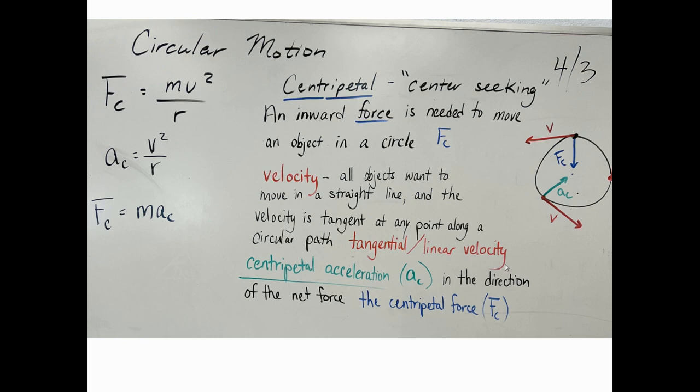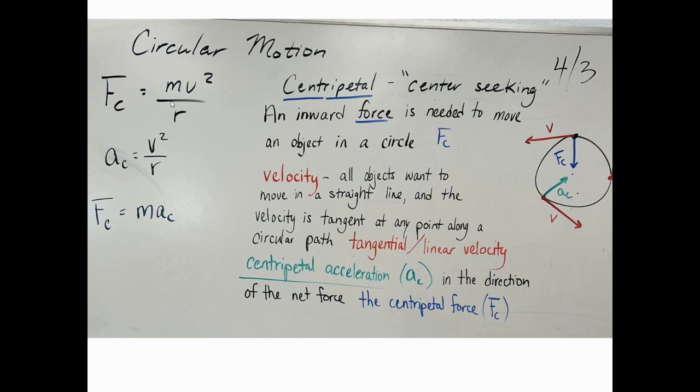So two things always point inward: centripetal force and centripetal acceleration. That word centripetal means center seeking, pointing towards the center. Velocity is tangent. If you were to make a point on any point along the circle, it would be a straight line off.